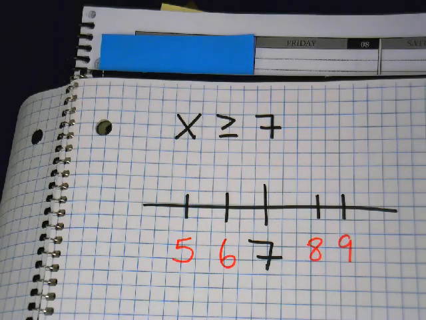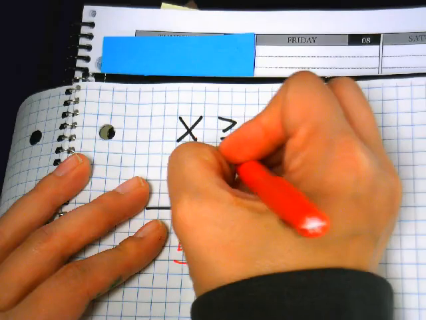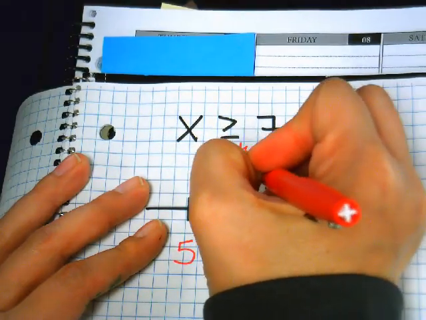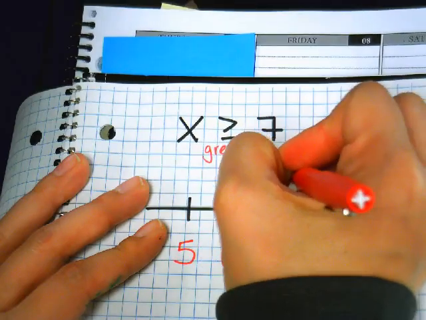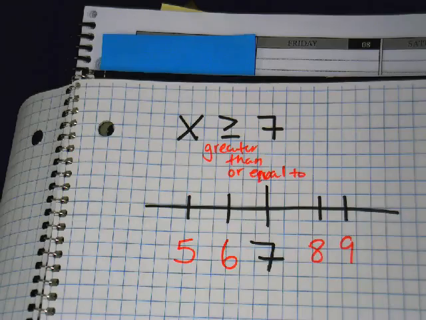Okay, now, look at this on the first part of your notes. What is this one called? Greater than or equal to. I'm writing it down so we practice the vocabulary and you're using it and you're writing it. Okay, now let's read it.